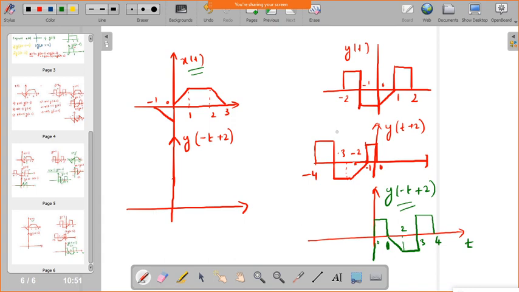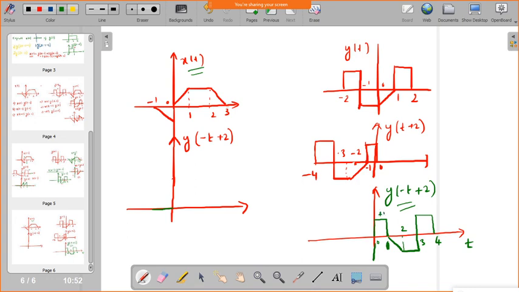So now do it. From the negative side it will be 0, is it not? The value of y of minus t plus 2 is 0, so that's why there is no value. Now from 0 to 1, x of t is t, and here it is plus 1, is it not?